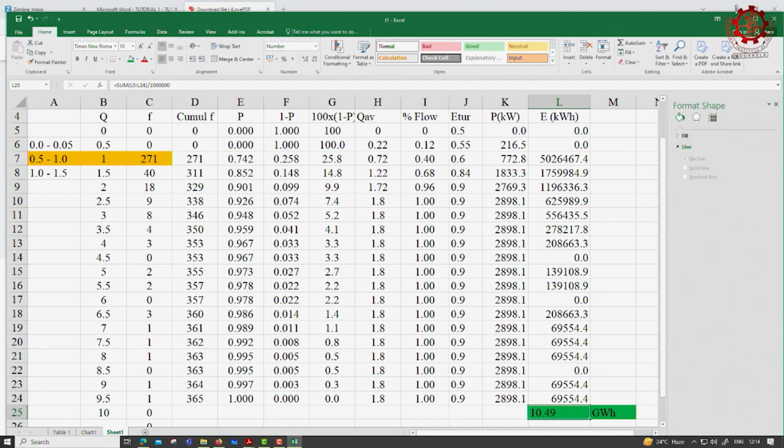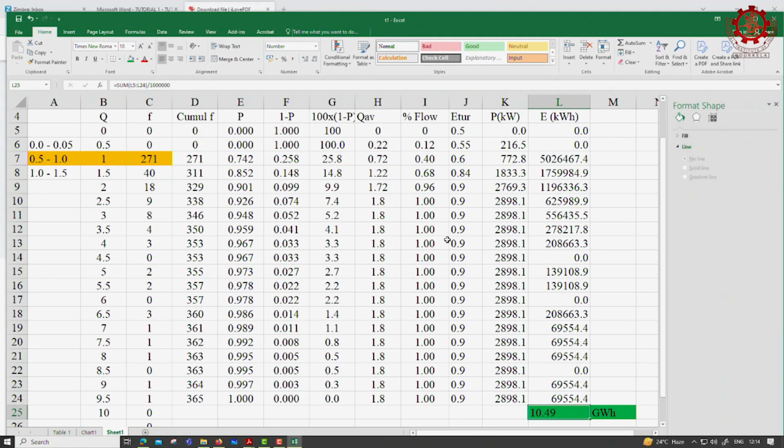Now, if you go for the 2 turbine option, then you can modify this table. You can logically think and modify this table and accordingly see how much the energy generation will be if you have 2 turbines.